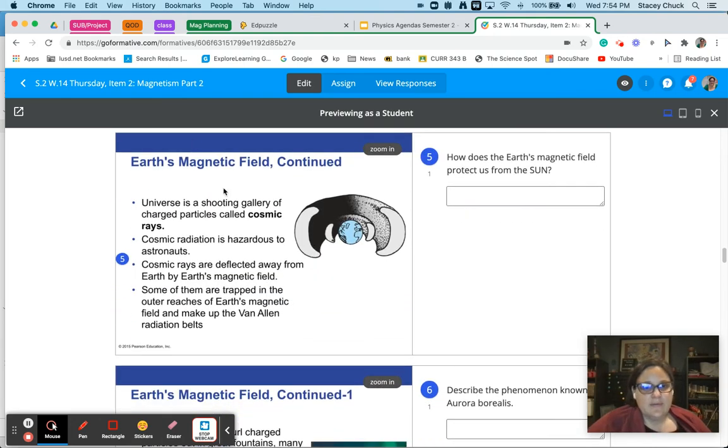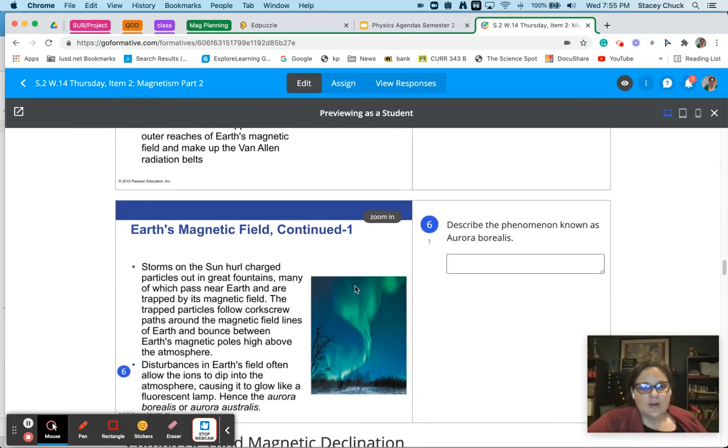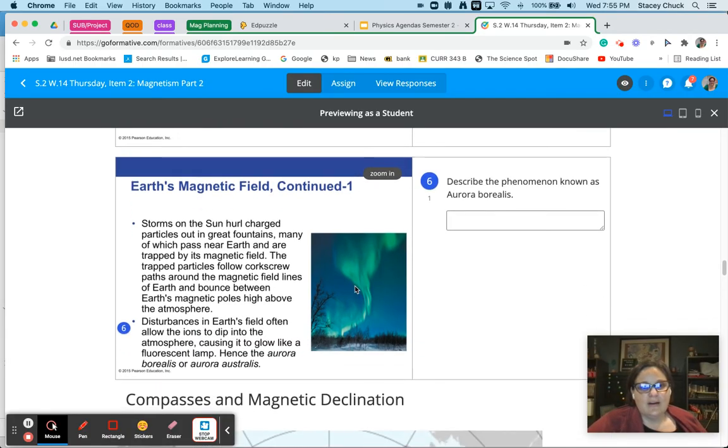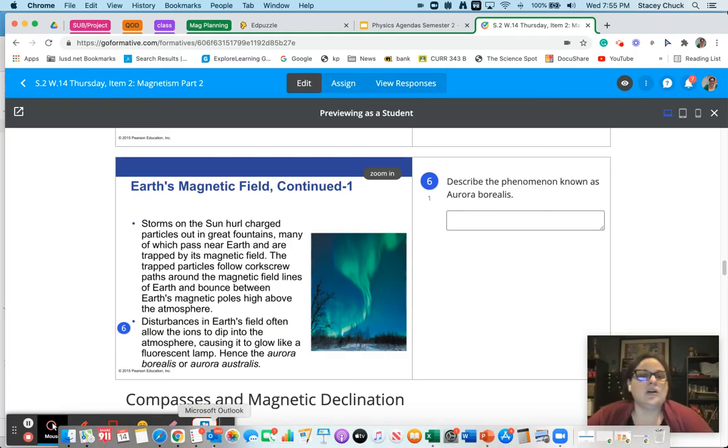All right, the universe is shooting charged particles called cosmic rays. They are hazardous. The Earth's magnetic field actually traps them and keeps them from hitting Earth. Additionally, the sun hurls charged particles out of great fountains. It looks like geysers coming up off the sun's surface, and they hurl charged particles at the Earth.